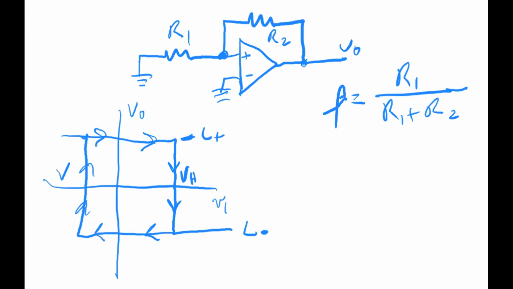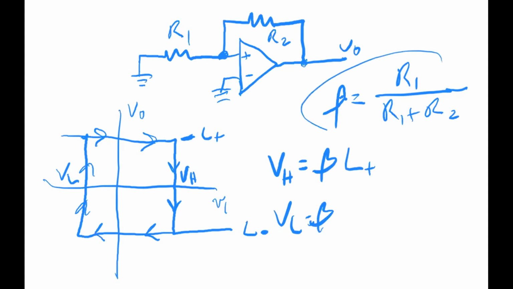But then here we had this VH and VL, which are the trigger voltages when the thing is going to start essentially being bistable and oscillating. So VH is defined as beta times L plus, and VL is defined as beta, this beta, times L minus.